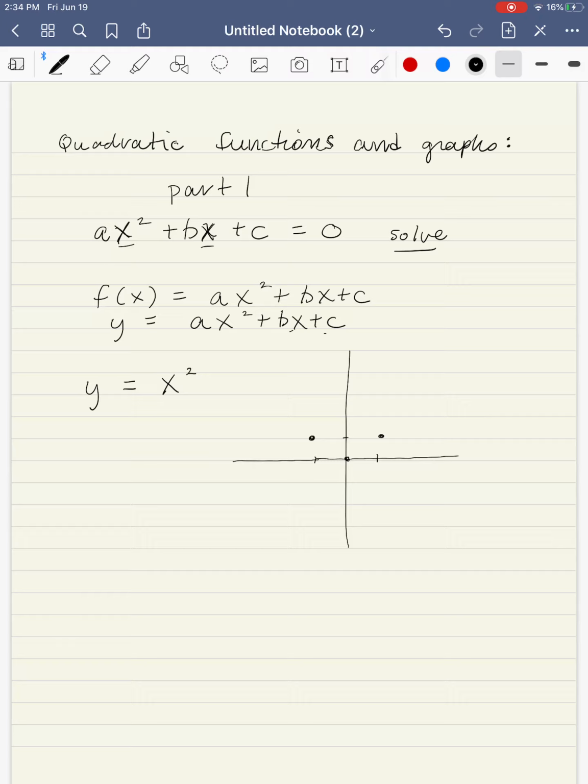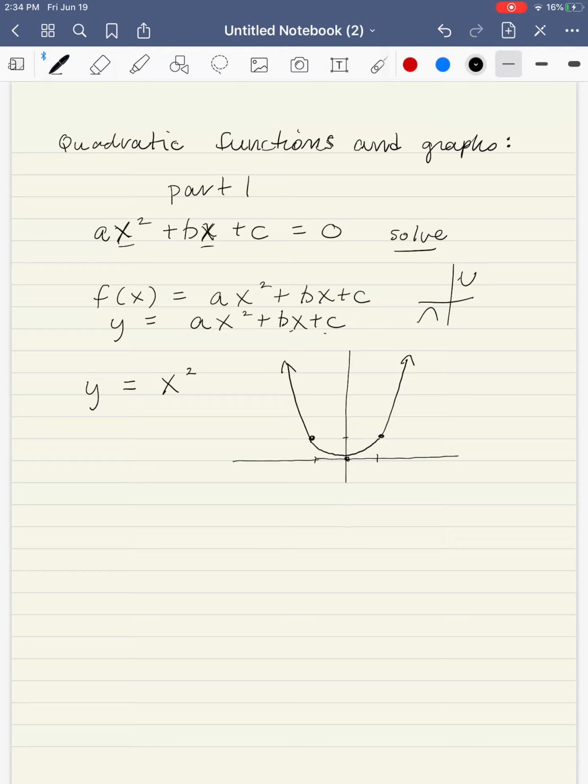And if I plugged in infinitely many different x's and figured out what y was and then plotted all of those ordered pairs, I would end up with a nice parabolic shape. And we're going to see that any quadratic function, when I graph it, will be a parabola, either facing upwards or facing downwards.